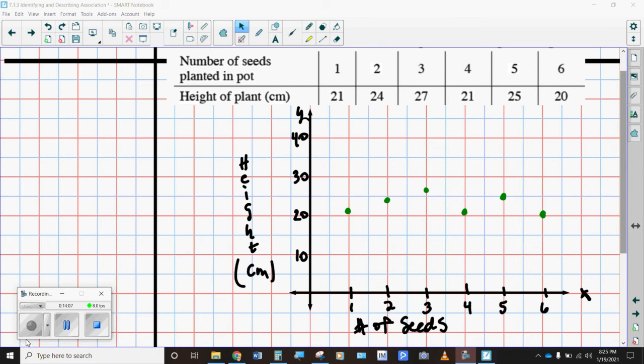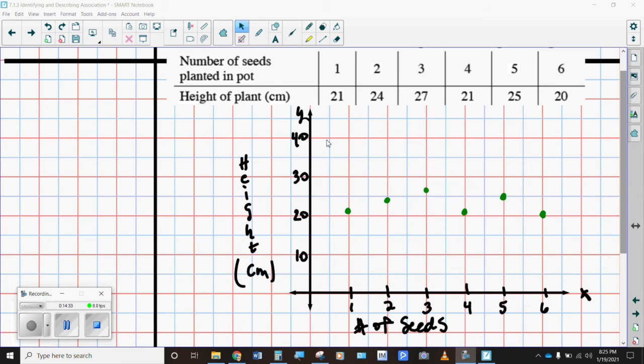All right, what do you notice about this? I thought that the more seeds that were planted in the pot would cause the height to be lower, but I was thinking that it would be like dozens of seeds, not between 1 and 6. So I think you could pretty much say that it really doesn't have much of an effect on the height of the plants.